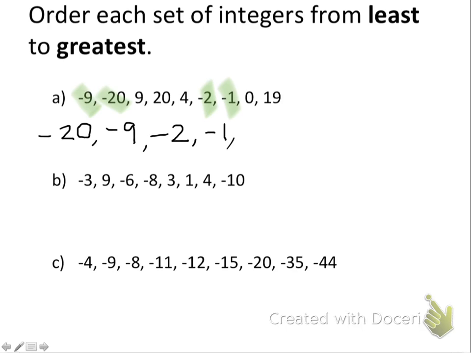Now we're out of negatives, so what should I put next? 0. We're going to put 0 next. Then we're going to put our 4. This part you know how to do. Then we have 9. Then we have 19. And then last, we have 20.